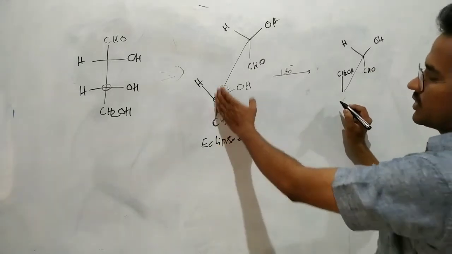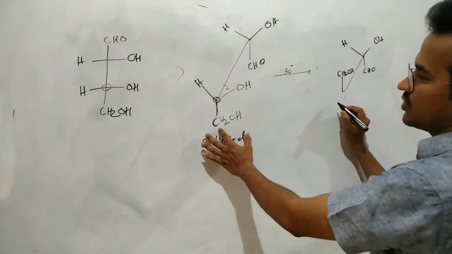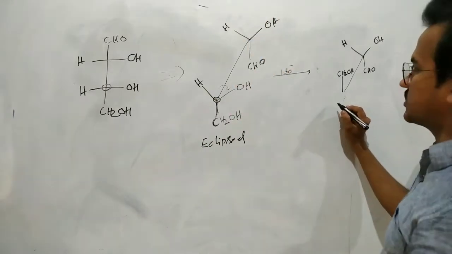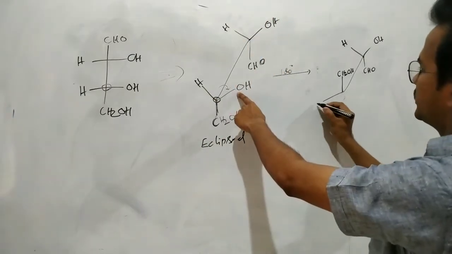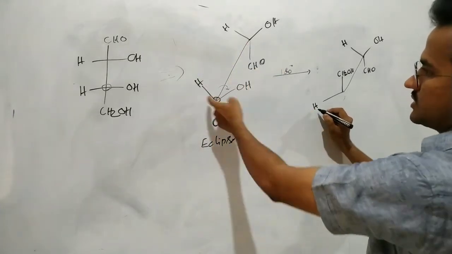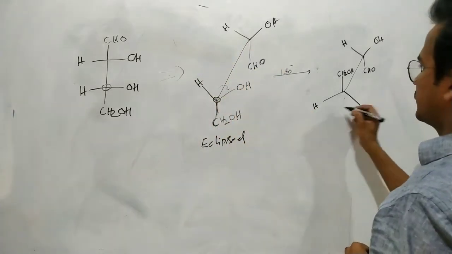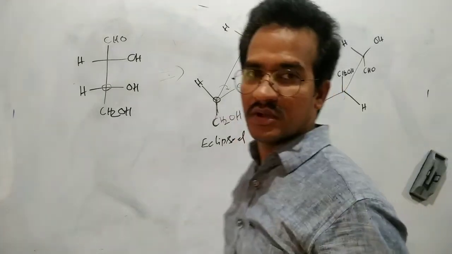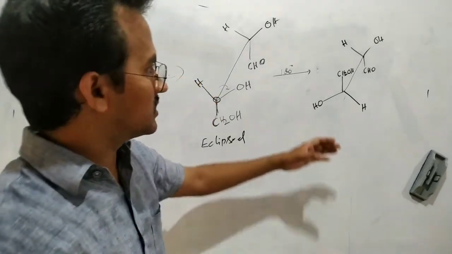By rotating 180 degrees, this CH2OH is directed in an upward direction. Here OH, which was in a downward direction, comes to the left side. This hydrogen comes to the right side, by rotating just 180 degrees.